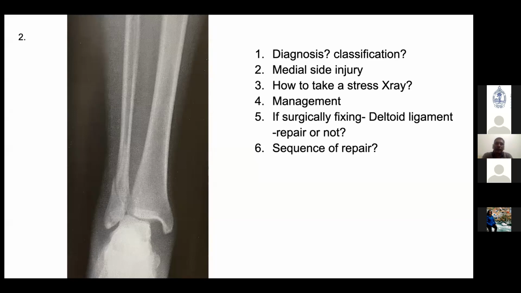Coming to the third part, sometimes you may get clinical evidence of medial side injury and the X-ray may not show any obvious medial joint space widening. In such a scenario, you may have to take a stress X-ray. What stress should be given in a suspected medial or deltoid ligament injury?